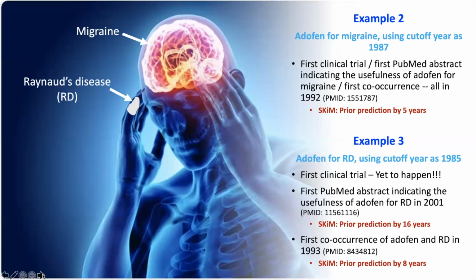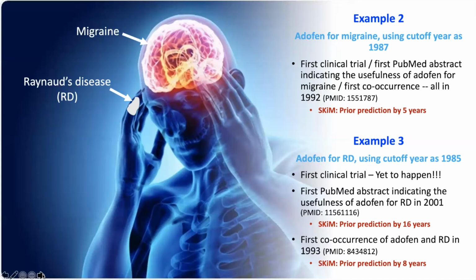The third example is the same drug, Ardofin, for Raynaud's disease. Skim identified this drug for Raynaud's disease by reading the articles up to the year 1985. There is no first clinical trial so far. It is yet to happen. But there is a PubMed article indicating the usefulness of the drug for Raynaud's disease.